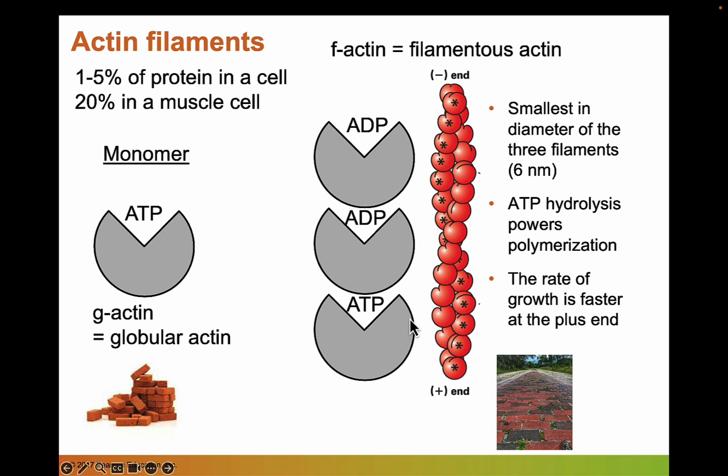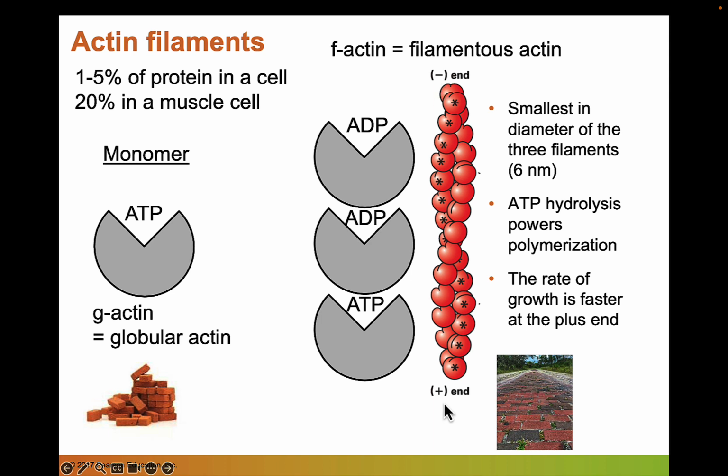ATP hydrolysis, so you can see this ATP is going to ADP as it's being added to the growing strand, is what powers polymerization, so it provides the energy for actin to grow. And because actin is an asymmetrical protein, when these fibers form, we end up with an asymmetrical strand where we have a minus end, that's what we call it, and a plus end.